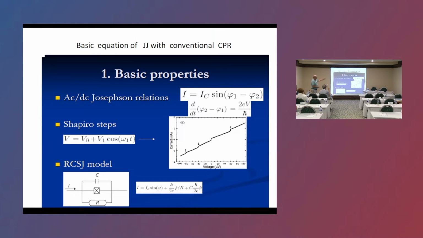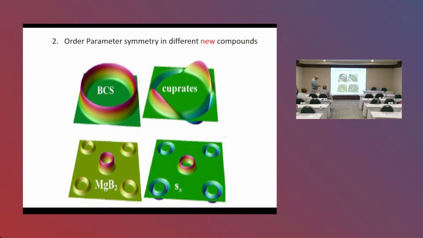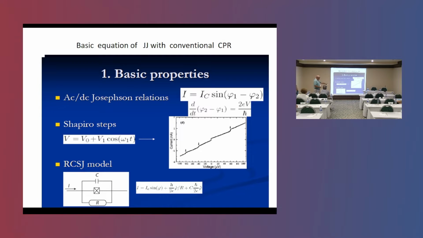And here also for young people, I present fundamental relations in Josephson junctions. This one, stationary Josephson junction and non-stationary Josephson junction, and here Shapiro's case, and also the general equation for the study of dynamics of Josephson junctions.